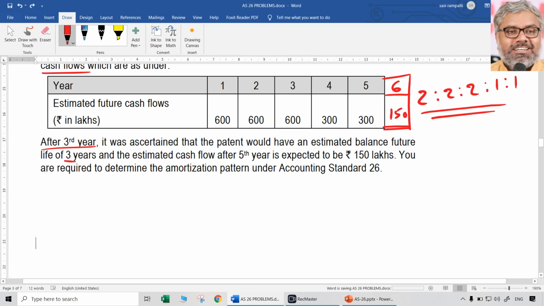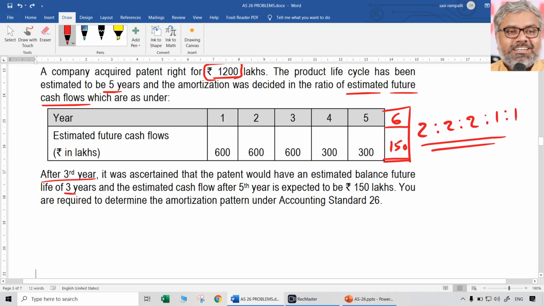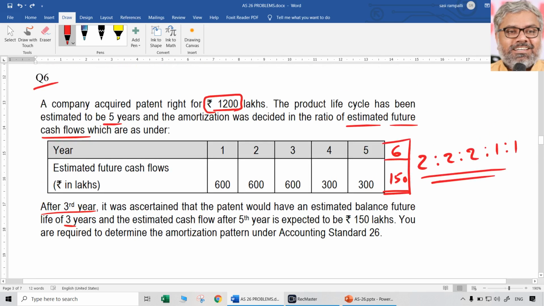So let us calculate this using the same kind of ratio for the first 3 years, because for the first 3 years we are not going to anticipate that the life of the asset is going to be increased. So they have to be just amortized in the same ratio. If 1200 lakhs has to be amortized in the ratio of 2 is to 2 is to 2 is to 1 is to 1, what will that be? 1200 divided by 8 into 2.